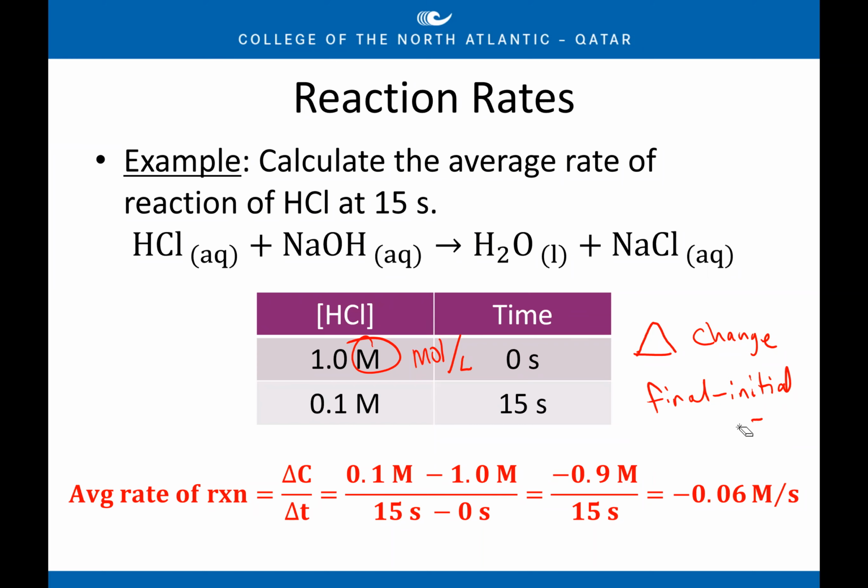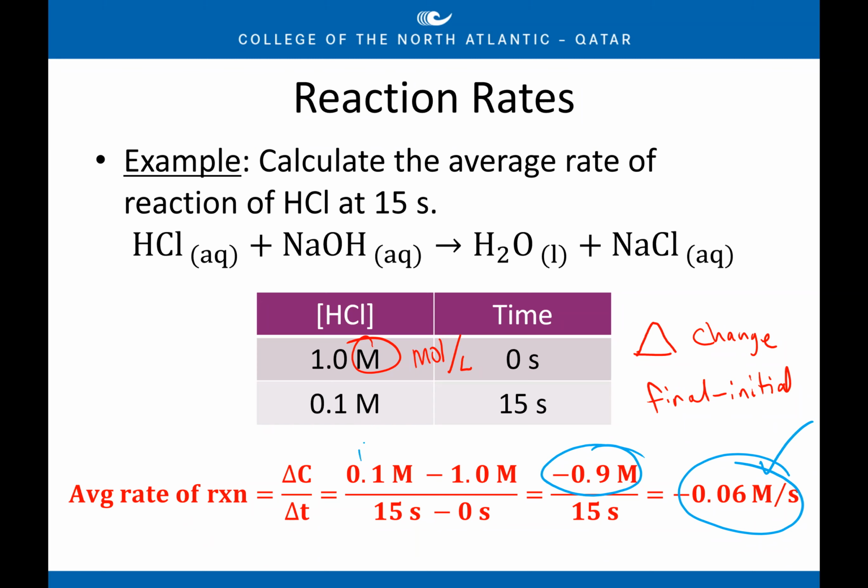Why I'm bringing that up is if you do this calculation, you'll notice that you get a negative number. And that's fine. The negative number means the concentration is going down. So this is a good number. What I'm saying is don't get confused with the negative.